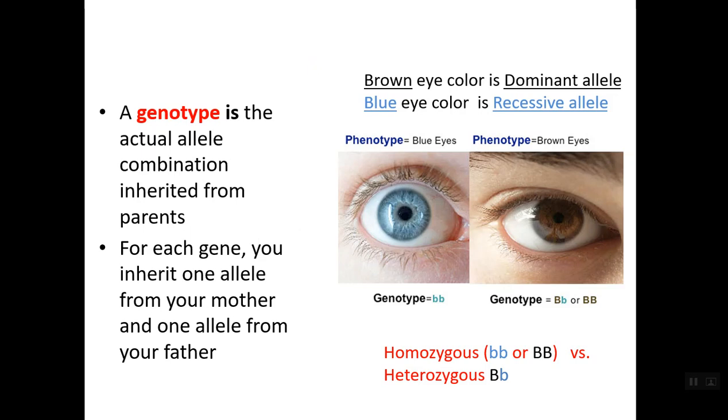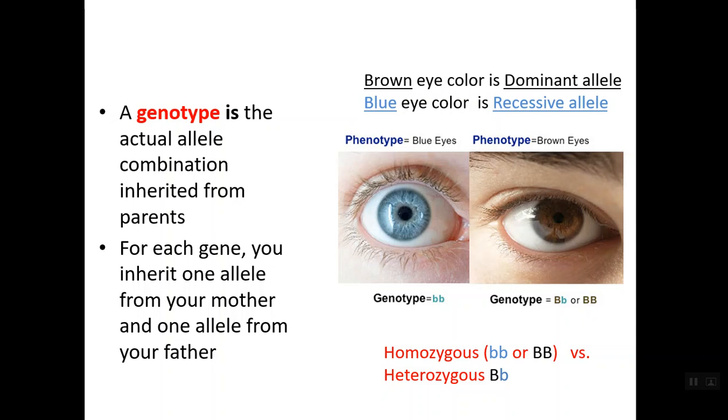The other definition I wanted to talk about is genotype. A genotype is the allele combination that you inherit from your parents, or an organism inherits from its parents. Remember that you inherited a set of chromosomes from mom and a set of chromosomes from dad, and each set of chromosomes brings its own alleles. Now, it can happen that mom and dad have the exact same allele in their genotype, but it's possible that they have different alleles.